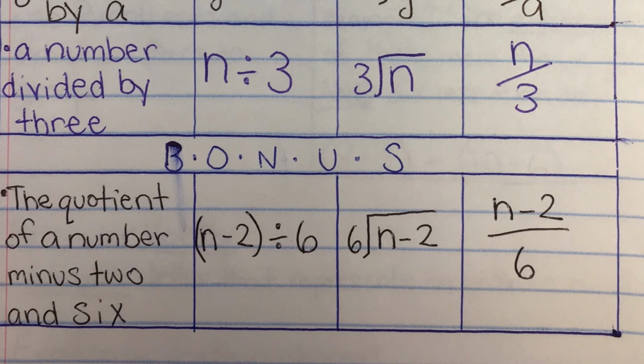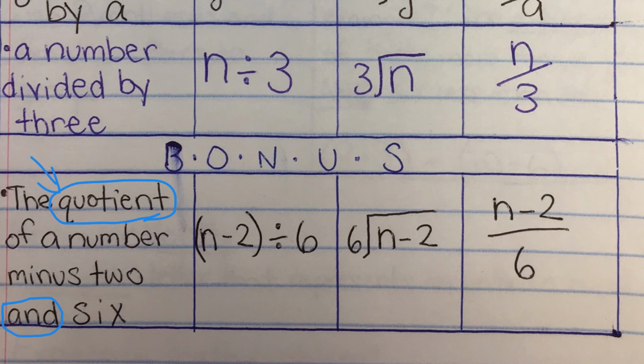The problem reads, the quotient of a number minus 2 and 6. So right away we know, because it says quotient, that it's going to be a division problem, right? Whenever we know the type of problem is, quotient says division, we use the word "and" as being that symbol.